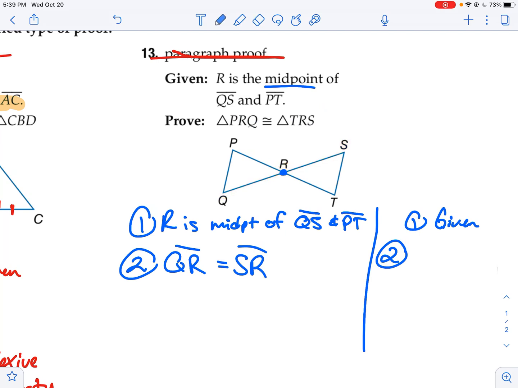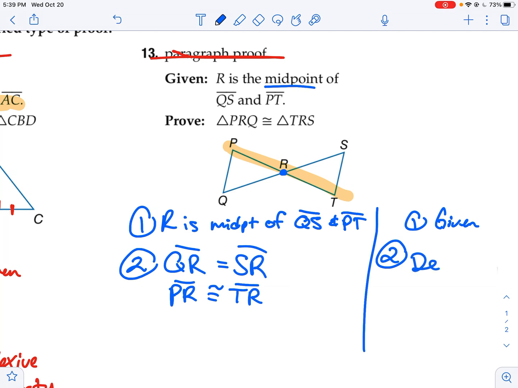And let's check the other segment, PT. If PT has midpoint R, then what segments are congruent? Well, PR would be congruent to TR.